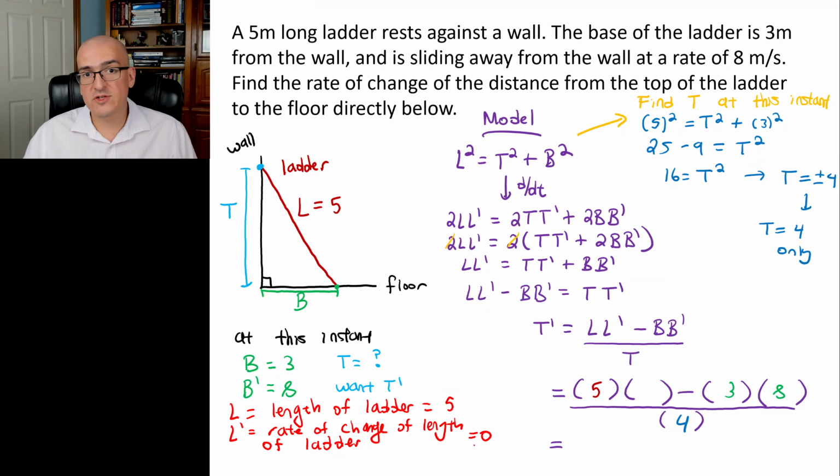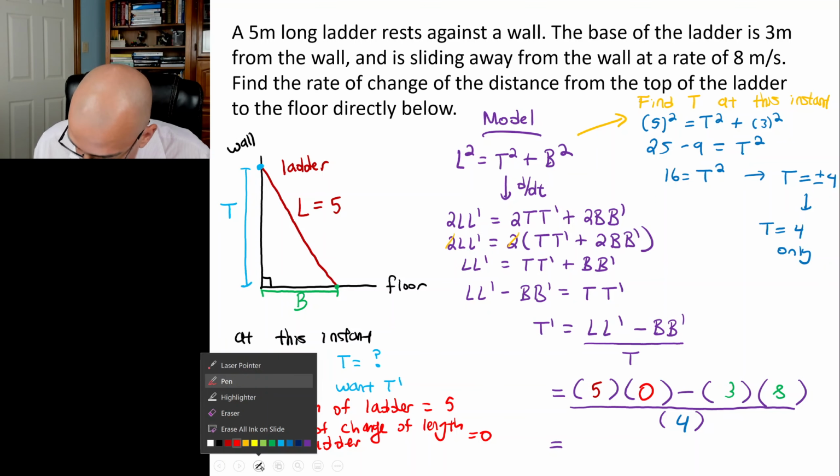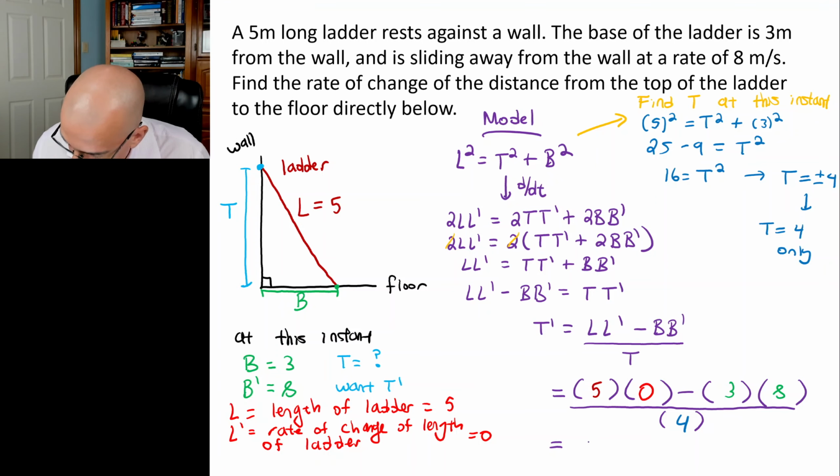The ladder's length doesn't change during this experiment or during this journey, during this process. It's a constant length ladder, so L prime is 0. Let's plug in the information. So we have negative, I'll do it in steps, 5 times 0 minus 3 times 8, which is 24, over 4. We have negative 6 as our answer.